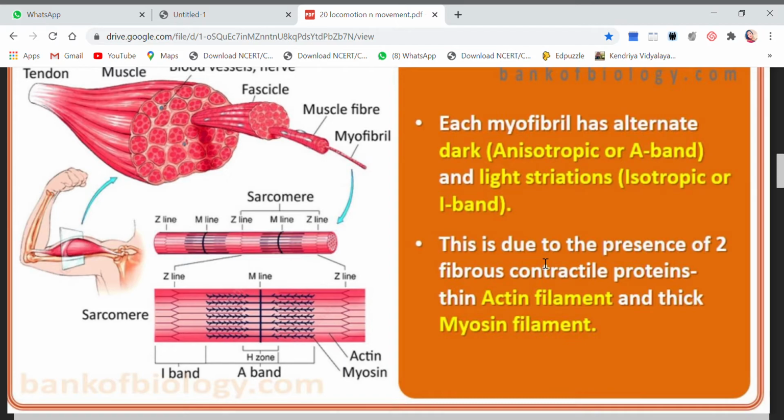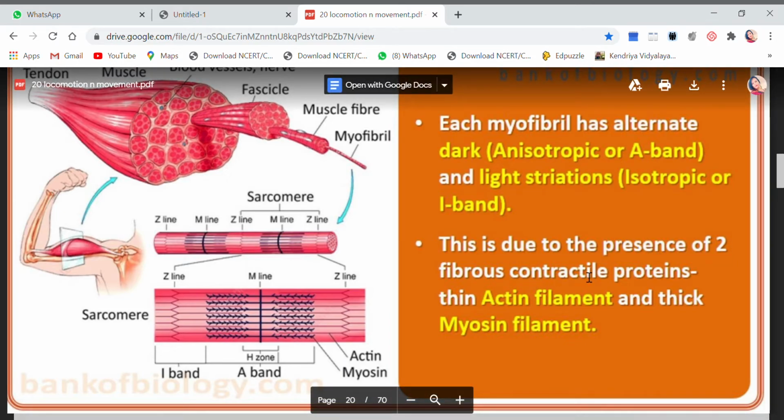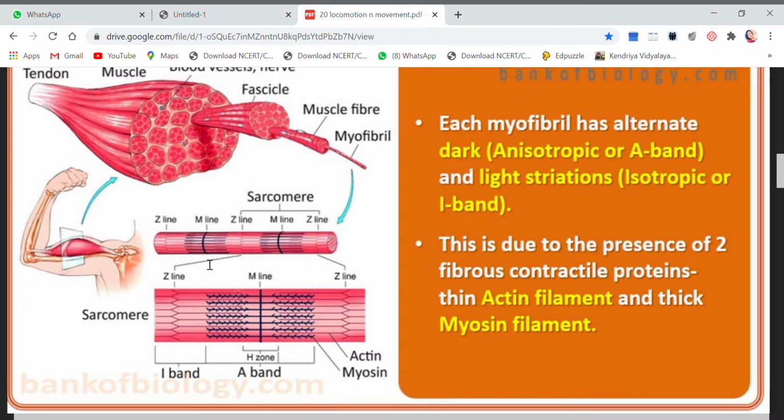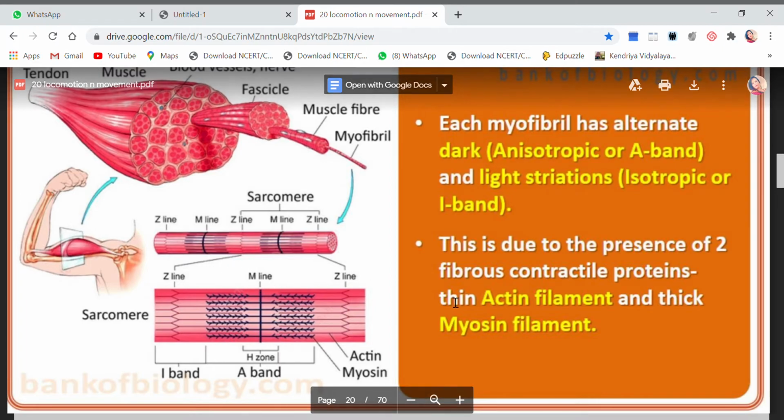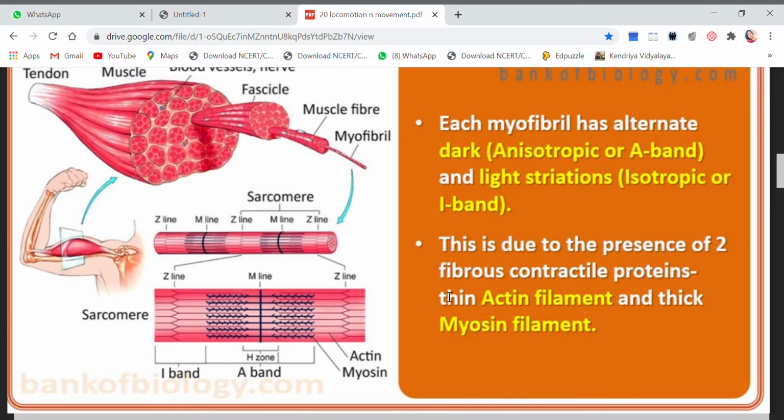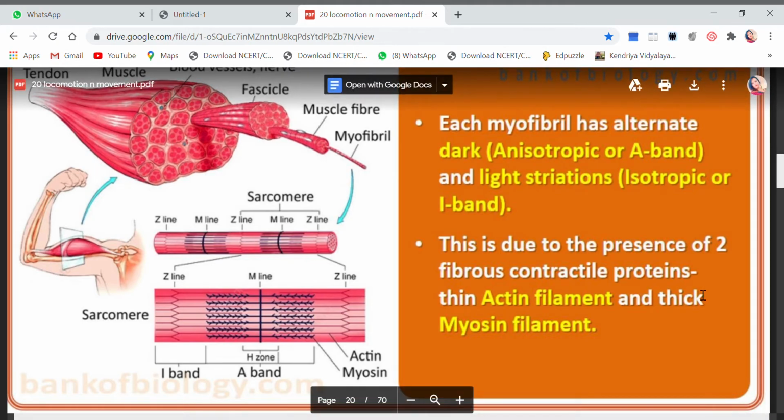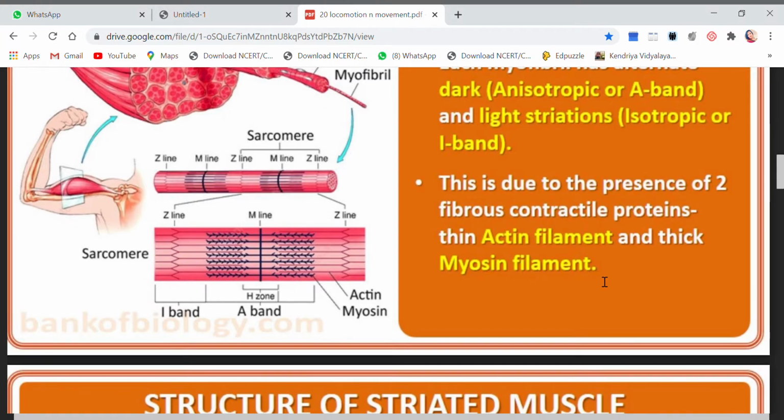Now children, this is due to the presence of two fibrous contractile proteins. As I told you, the light area and the dark area are actually due to the presence of a few proteins, and these proteins are contractile proteins. The thin protein is the actin filament, and the thick one is the myosin filament.